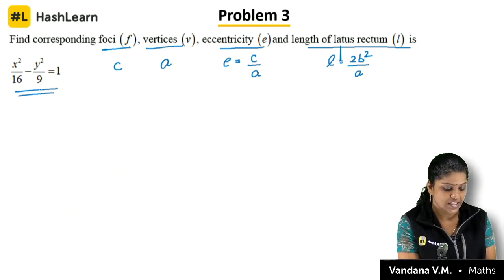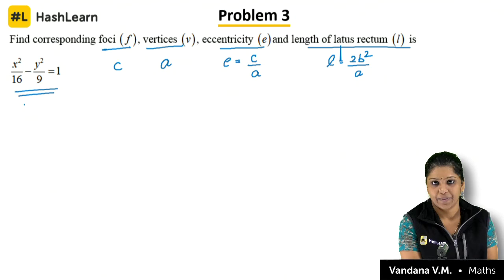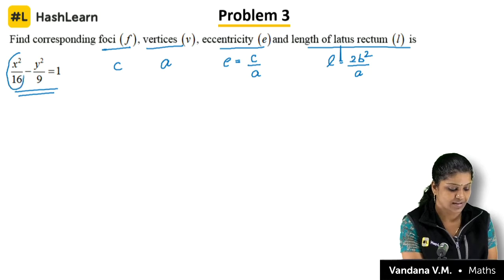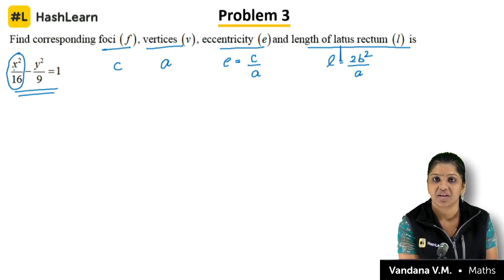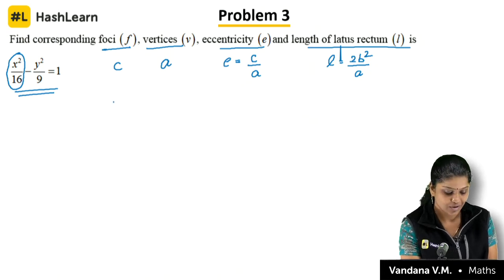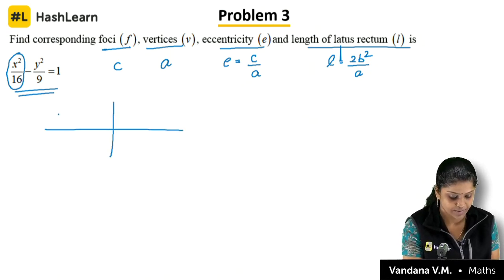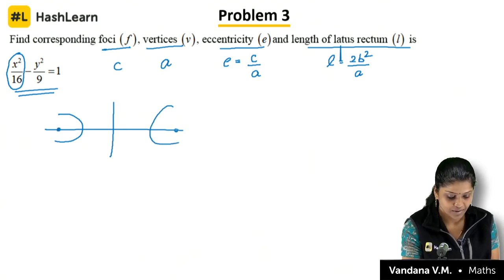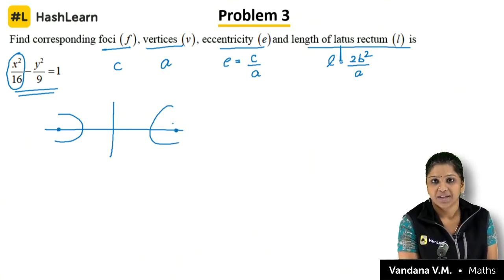Okay. So, please observe here, in hyperbola, what I said, the longest axis minus the shortest axis. So, the longest axis is this, whatever it is. So, I understood that it is along the x-axis. So, my foci are like this. My hyperbola is in this way. Clear?